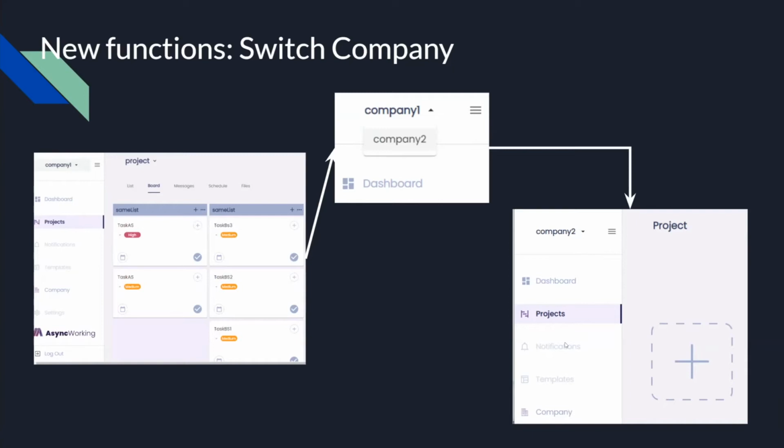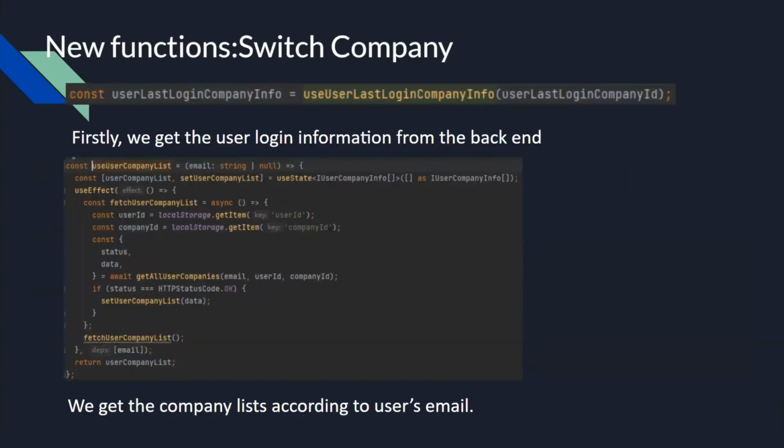For the front end, to achieve this function, we should know which company the user is looking at. So we created a new hook to record it. And apart from the starting point, we should know the list, that's all of the companies that the user has. Because the user email is unique, we use it to get all of the lists that the user has.